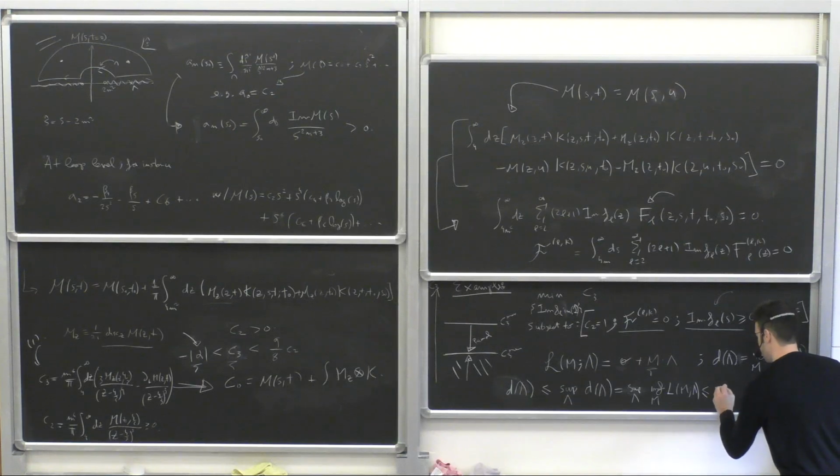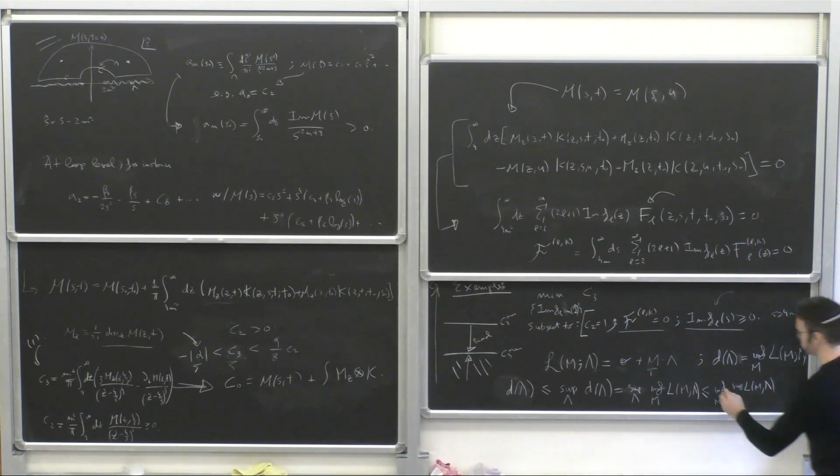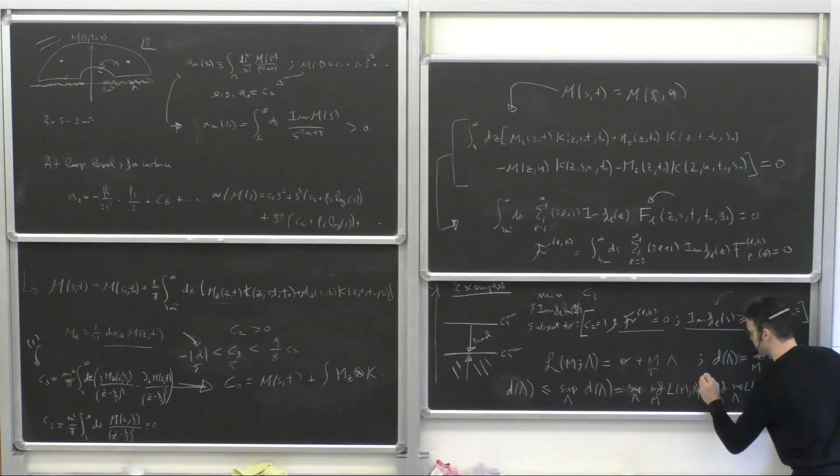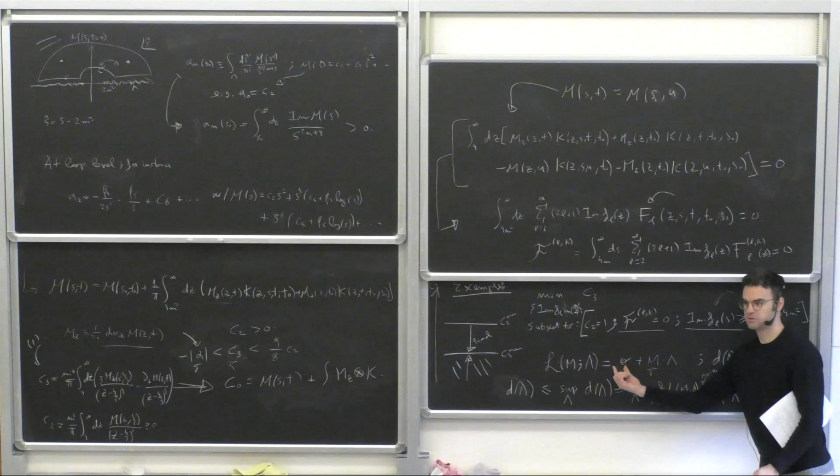Now inf of m, supremum of lambda of L of m lambda. This comes from the min-max theorem, which I'm just quoting here, and this is more or equal to O star. By O star, I mean the optimal value of our objective, the objective that we're trying to optimize.